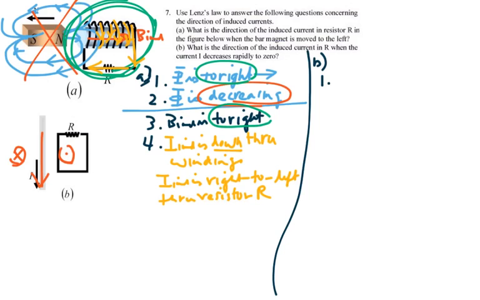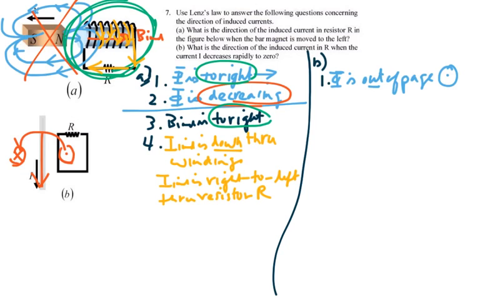Hence the flux is coming out of the page towards you in the vicinity of what we're interested in. So flux is out of the page towards you as it's coming out like this and going in like that.